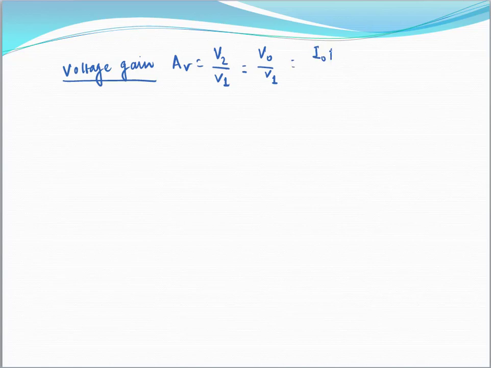So the voltage gain is here, AV is equal to V2 by V1 is equal to V0 by V1, and this is I0 RL dash by IB Ri. So let's see the circuit.